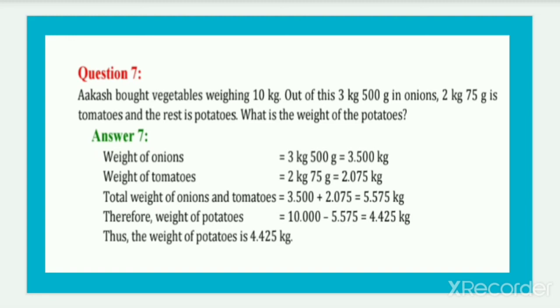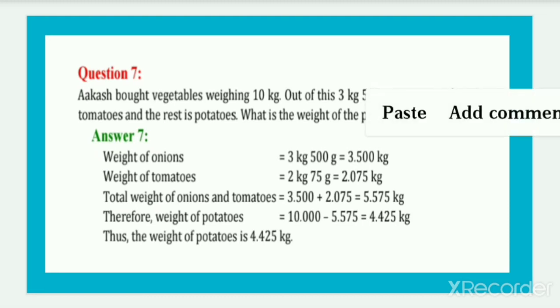In the same way, the weight of the tomatoes will be 2.075 kilogram. So the total weight of onions and tomatoes will be 3.500 plus 2.075, which equals 5.575 kilogram. This is the total amount of onions and tomatoes.